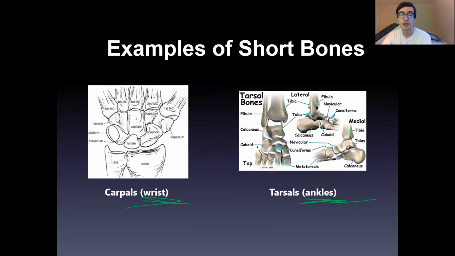And again, as you can see down here, lots and lots of little bones. So like I said, on their own, these short bones don't move a whole lot, but the reason why we're able to get pretty good rotation of movement in our wrists and ankles is because these bones move over and glide around one another. And we'll talk more about that when we get to the joints later on.